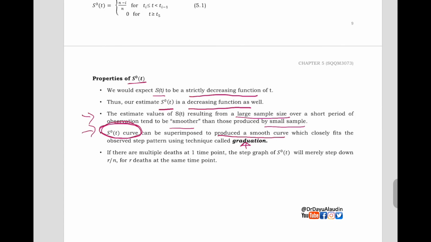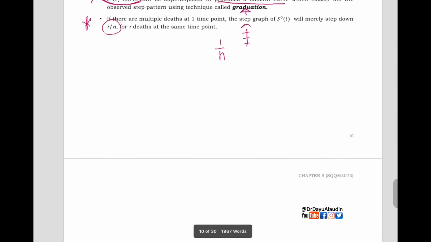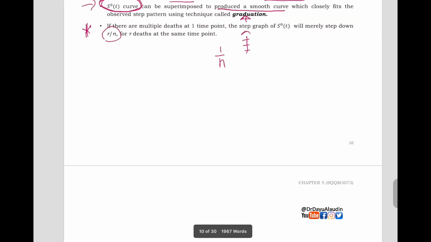And then, okay, this is the most important thing to draw the graph. How to determine the interval for the y-axis by using r over n, or in our case we just use 1 over n. For example, we have 5 subjects, so 1 over 5 is equal to 0.2.